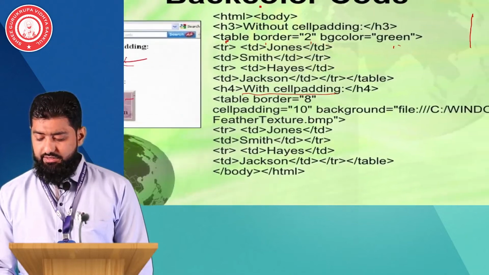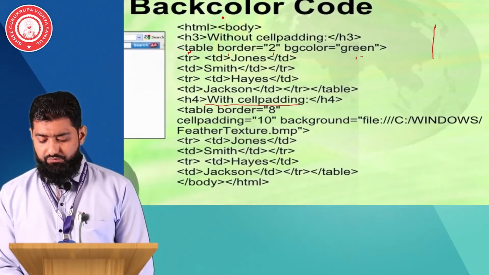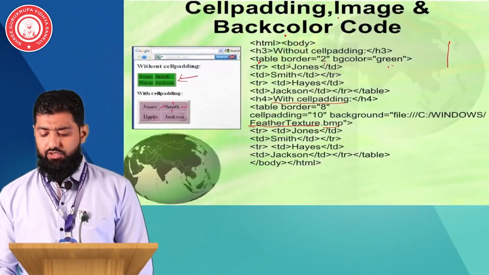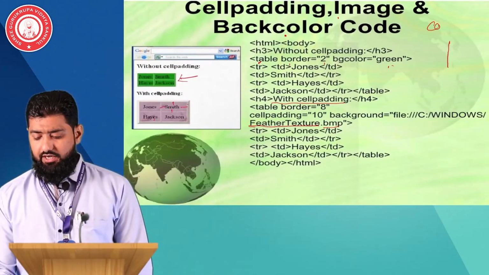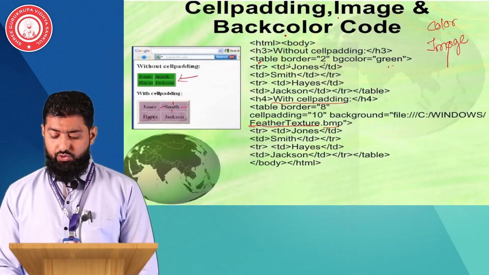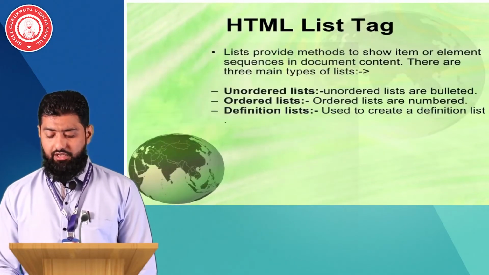And background is equal to a file, that is feather texture dot bmp. It means we can use color as background and we can use an image as the background of the table. So this is our whole HTML.